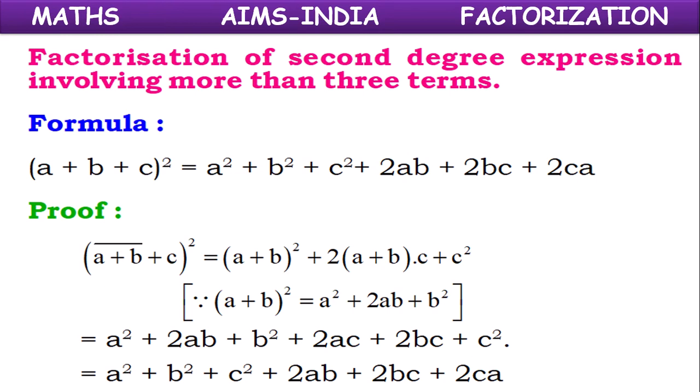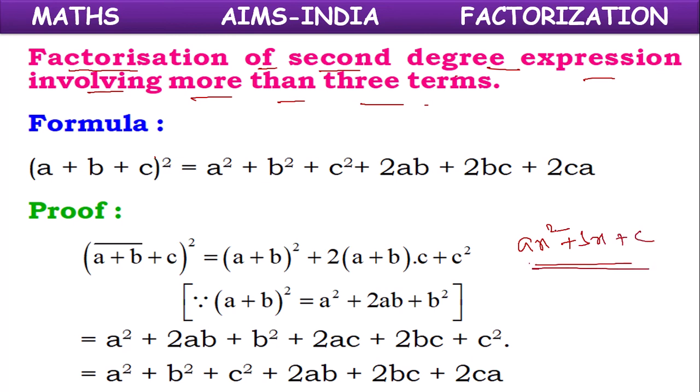Next, children. So our next concept is factorization of second degree expression involving more than three terms. So up to now we have discussed the expressions which are in the form of ax square plus bx plus c, having three terms.